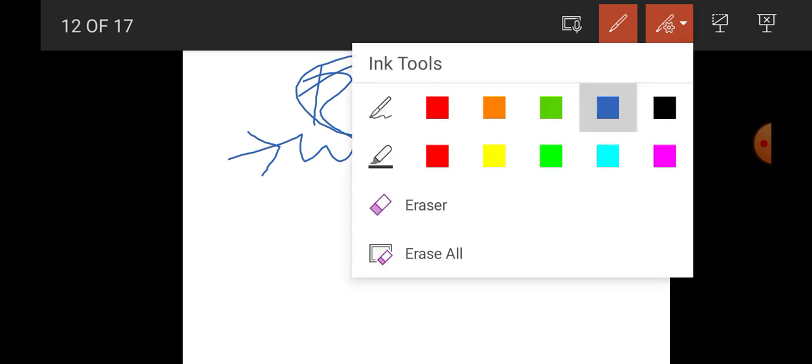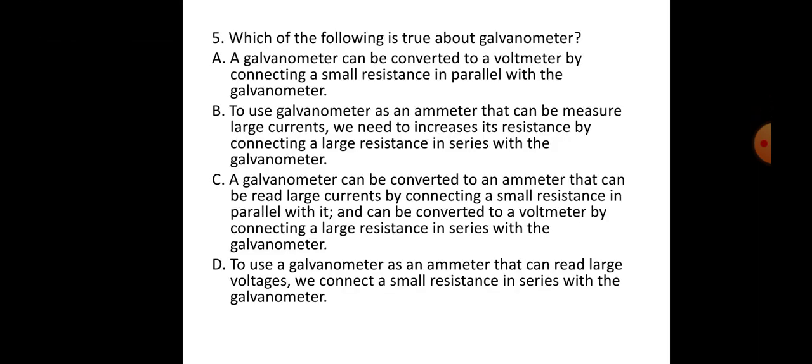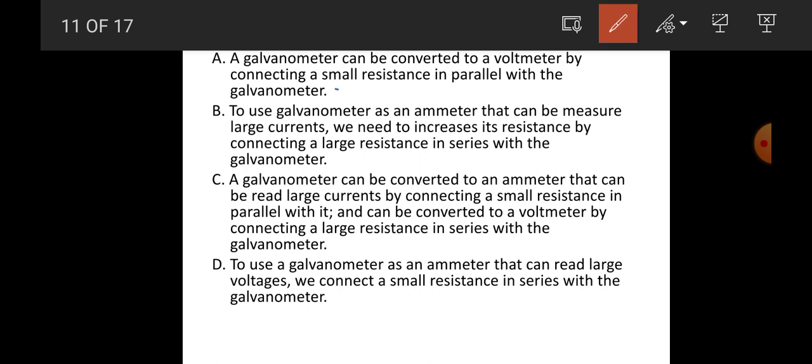Now back to the choices. A: a galvanometer can be converted to a voltmeter by connecting a small resistance in parallel with the galvanometer. To use the galvanometer as a voltmeter, it should be a large resistance, not a small resistance. B: to use the galvanometer as an ammeter that can measure large current, we need to increase its resistance by connecting a large resistance in series.